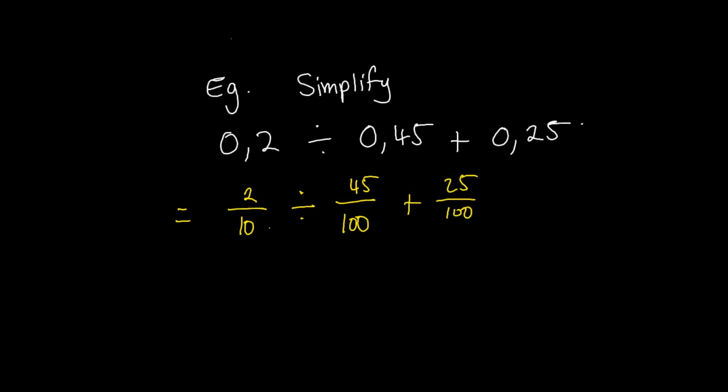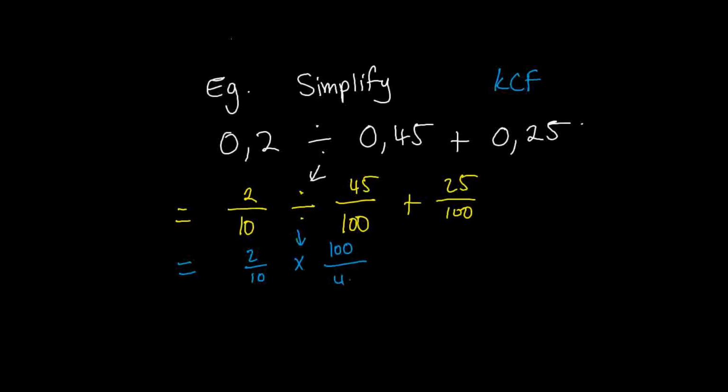Now, remember, according to BODMAS, I have to look at division first before looking at addition. So let's calculate this. This is equal to 2 over 10. I'm going to keep the first fraction, KCF, because I'm dividing two fractions: keep the first fraction, change division into multiplication, and flip the last fraction.